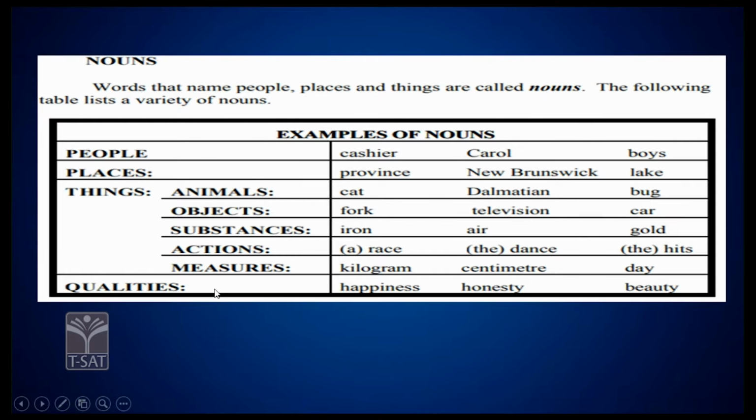Qualities: happiness, honesty, beauty, sad, etc.